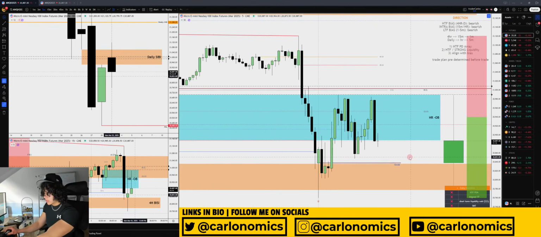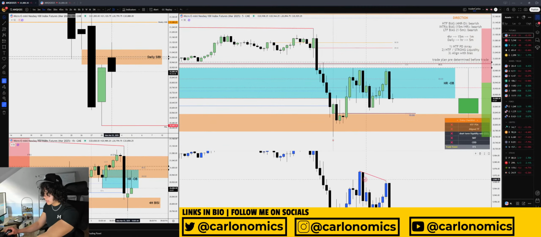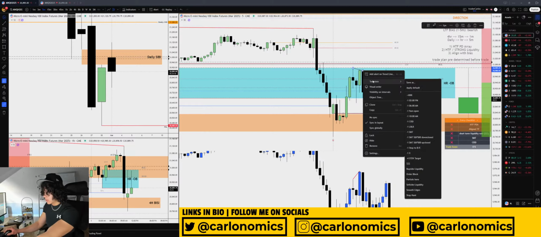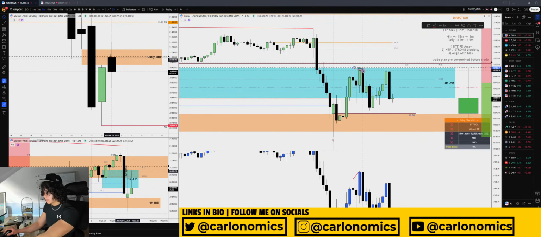On the 5-minute, we had SMTs at the highs. So pretty much these were the SMTs. 1030 wasn't taken by ES, but the 1030 was ES took a 1030, but NQ did it. So we had those SMTs at the highs.